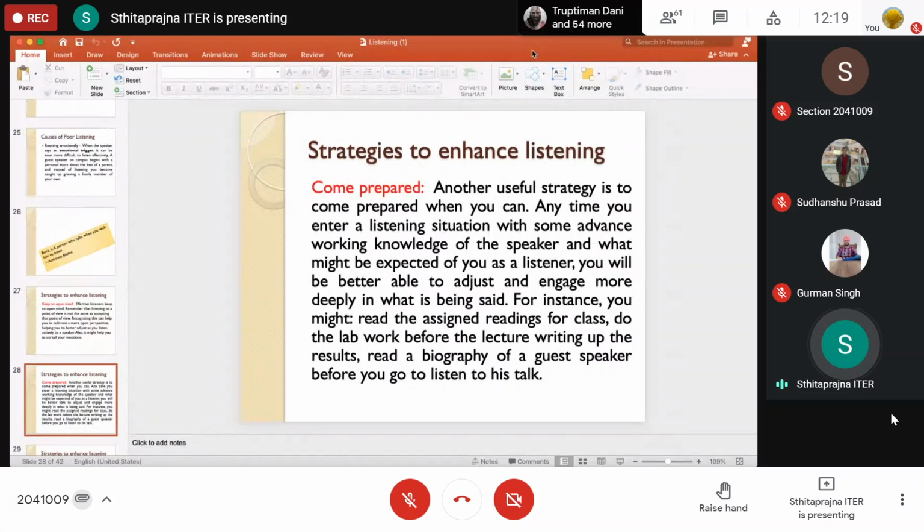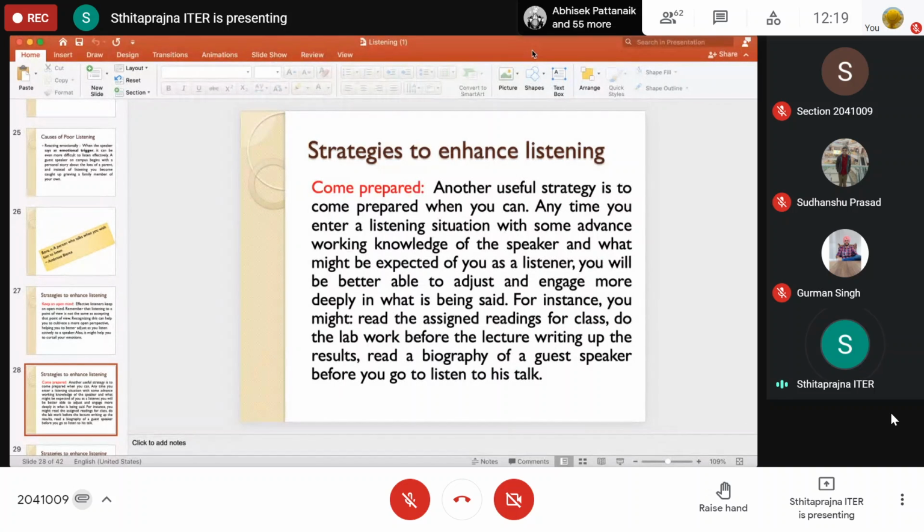Now we are talking about listening. This will definitely compel you to listen, because you know you have prepared the lesson before and you would like to find out where the gaps are. What does the teacher say about a certain concept? And what is my understanding of that concept? Does it match? If it doesn't, where lies the difference? And how can I fill up the gap?